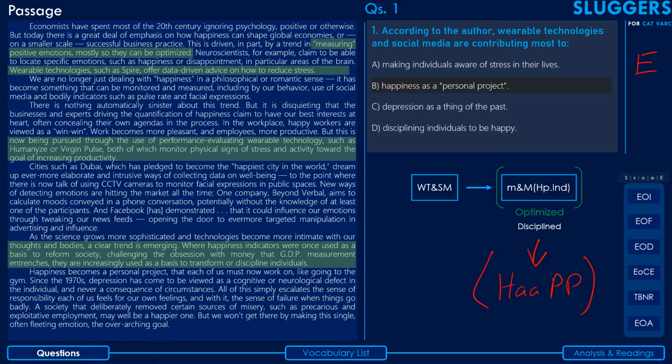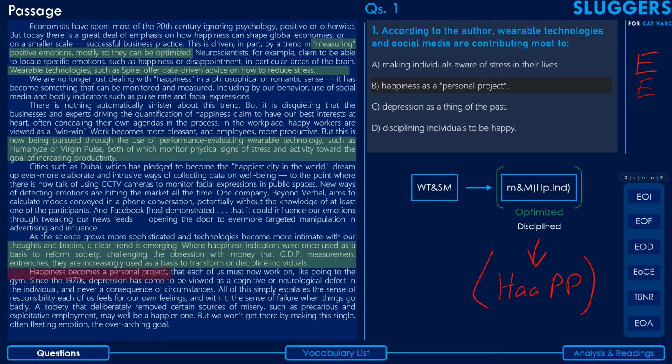When employees are pressured into optimizing for productivity by forcing them to be happy, then they have to take up happiness as a personal project, right? So happiness as a personal project is not something that wearable technologies and social media directly contribute to. It's an indirect result, right? So that's the second account on which this option is incorrect.